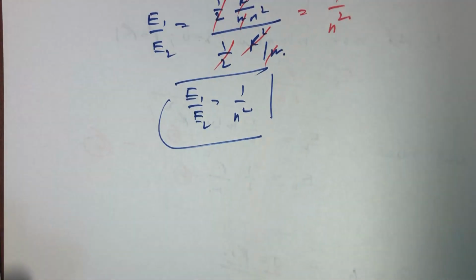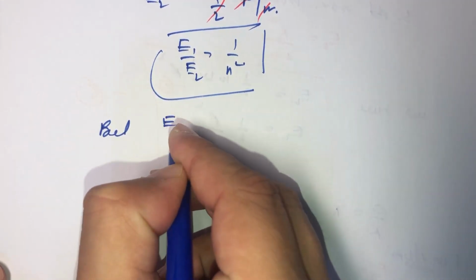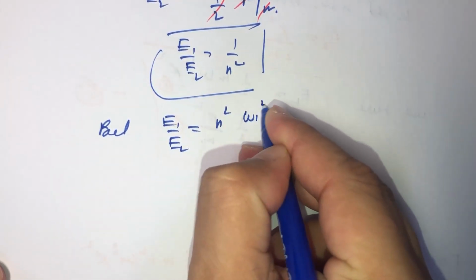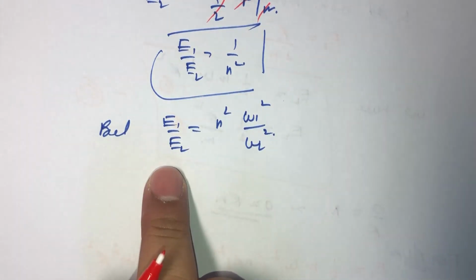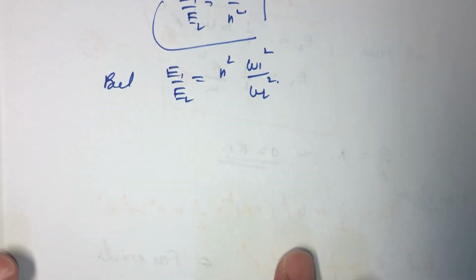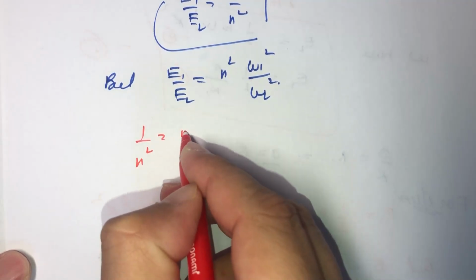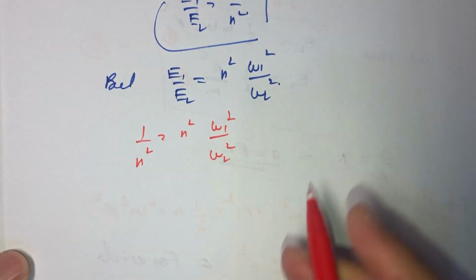And we also found out that E1 upon E2 is equal to n square omega 1 square upon omega 2 square. So we substitute here 1 by n square. So this gives us 1 upon n square equals omega 1 square upon omega 2 square.